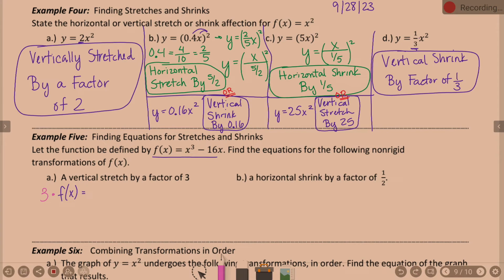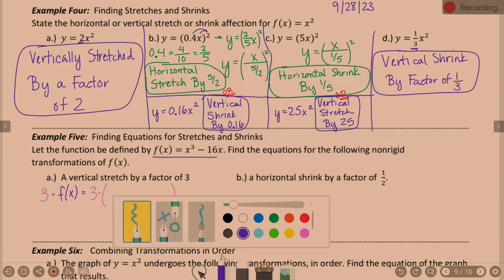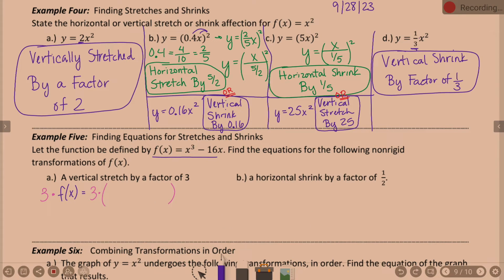Now, what's that mean we're going to do here? We're going to be multiplying not just the x, but everything by 3. So in this case, you're going to be multiplying x cubed minus 16x all by 3. Okay, because on a vertical situation, you're multiplying the whole function.